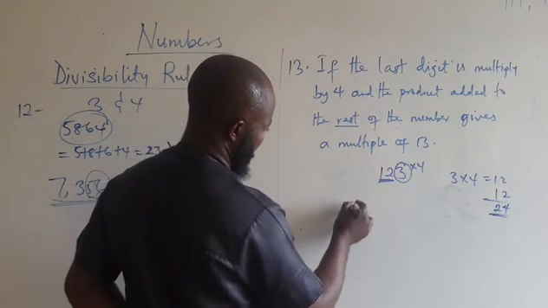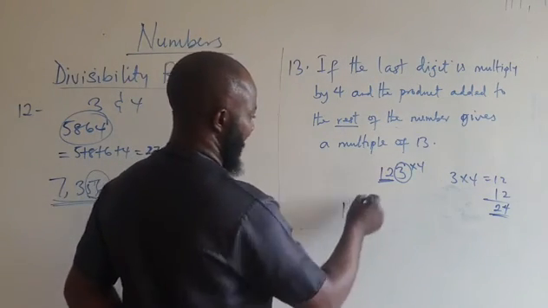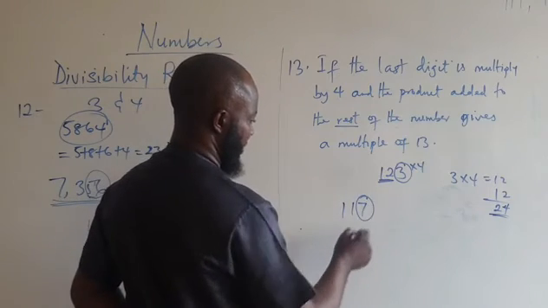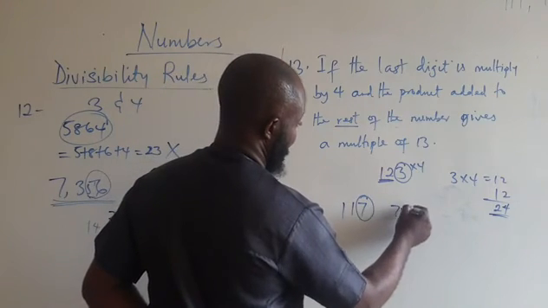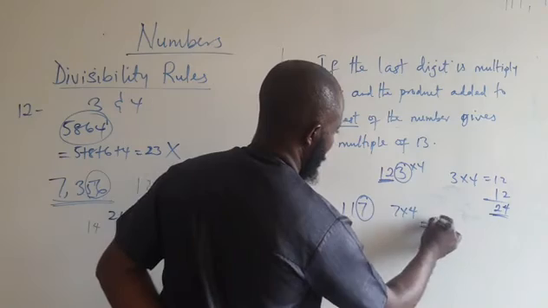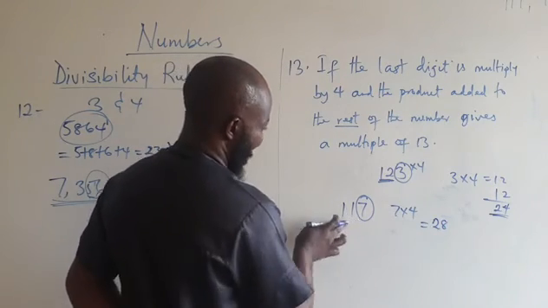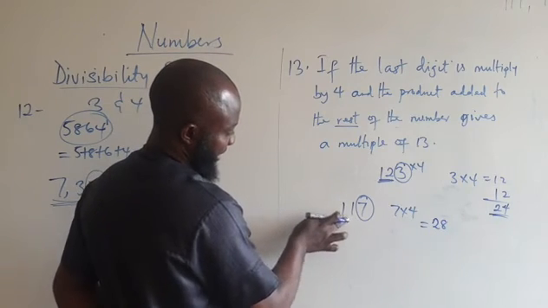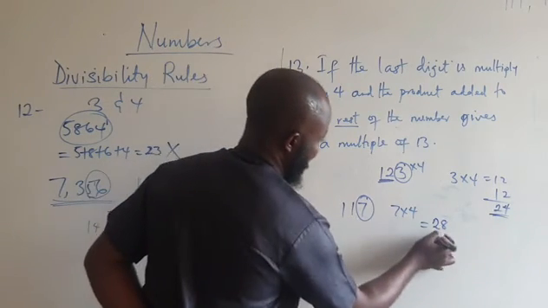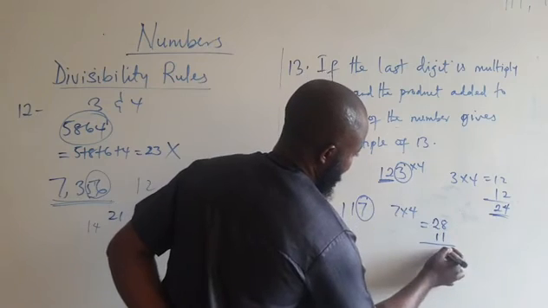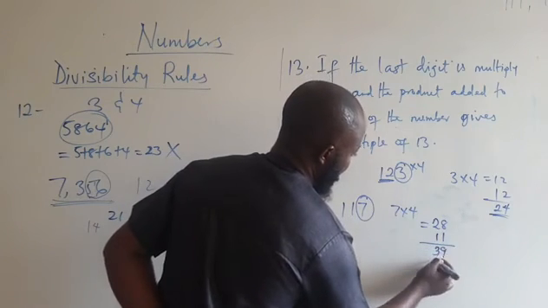Let's say 117. The last digit we have here is 7. So that is 7 times 4, which gives us 28. Added to the remaining number, which is 11, 28 plus 11 is 39.